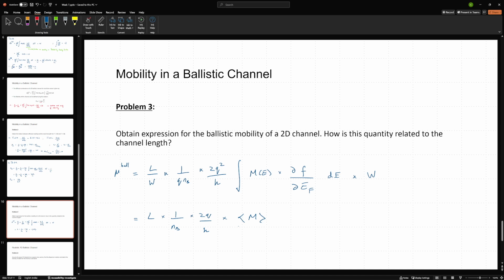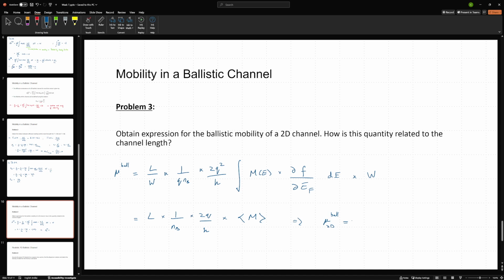Our average modes again start coming into play. Now let me just bring the things together. So this implies mu ballistic 2D. This is a very strange quantity, because typically when we consider macroscopic charge carrier mobility, it is a fixed parameter.